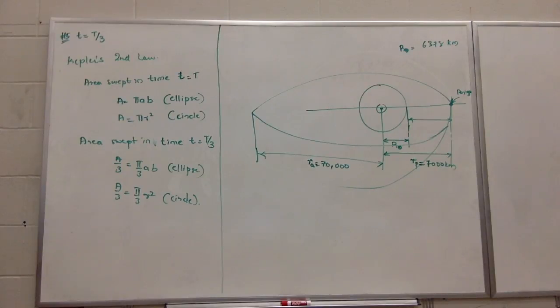Apsis, APSIS, is singular. Apoapsis. APSES is plural. So that is what it says: apse line means the line which connects the apses. Apsis is singular.